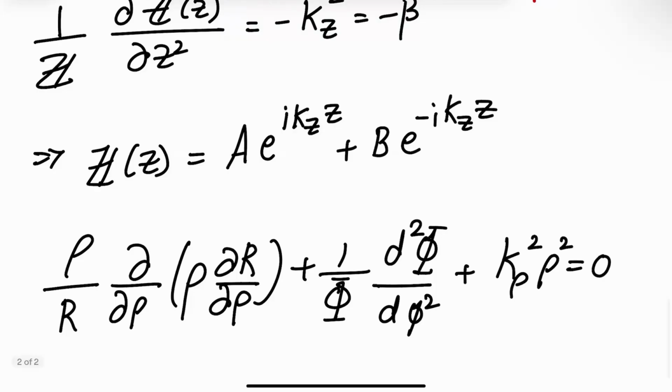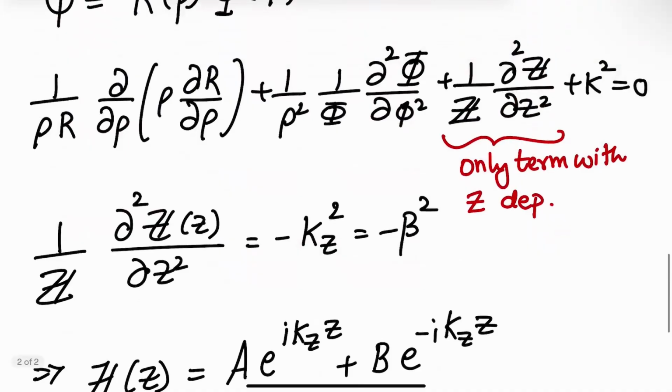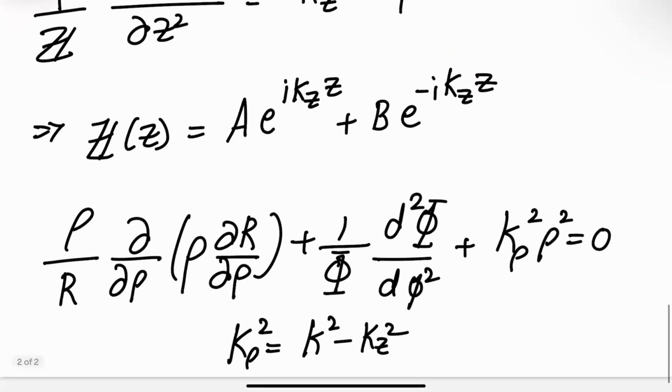So what I've done is I made the substitution k rho square for k square minus kz square, and I multiplied on both sides with rho square. Okay, so this term now is k rho square, and then I multiplied on both sides, so this becomes rho, this goes away, and then you get this times rho square equal to 0. That's exactly what we have here.